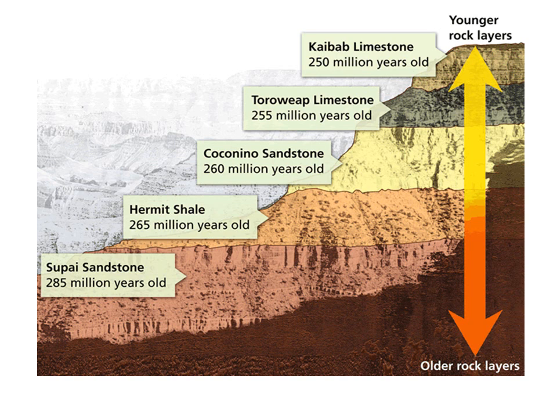Have a look at the rock layers. Geologists use the law of superposition to determine the relative ages of sedimentary rock layers. According to the law of superposition, in undisturbed horizontal sedimentary rock layers, the oldest layer is at the bottom.